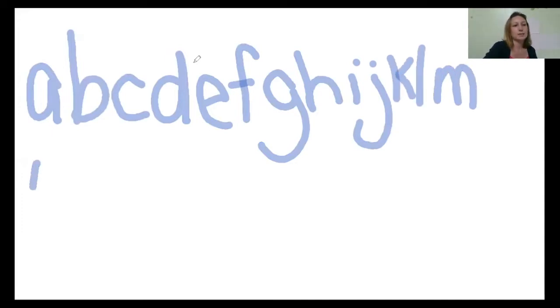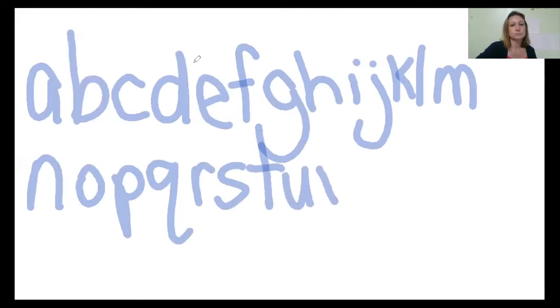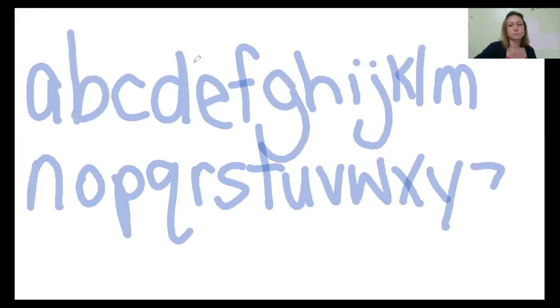So when you get to M, go down to the next line. All right, that gets us warmed up for writing, helps you work on your letter formation. Make sure you're forming your letters correctly.